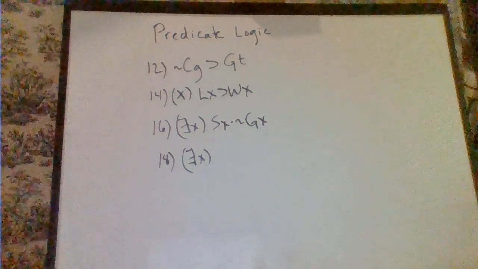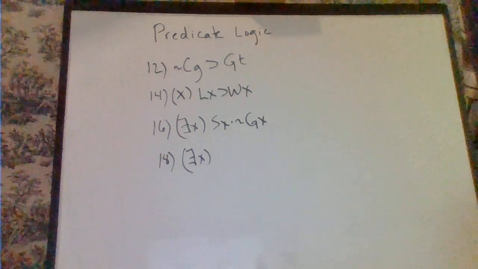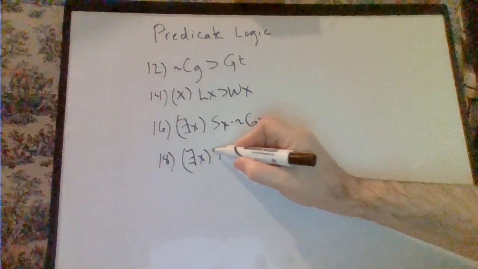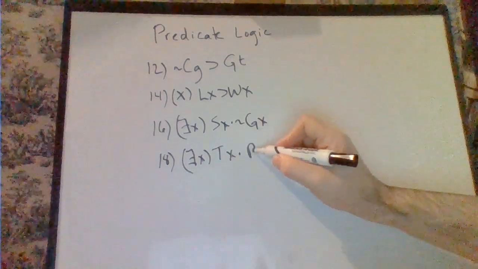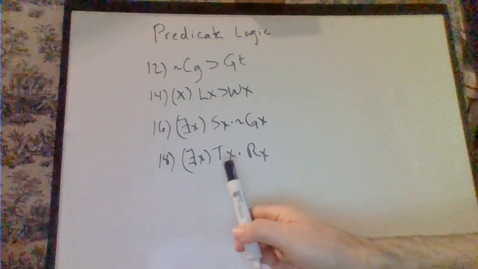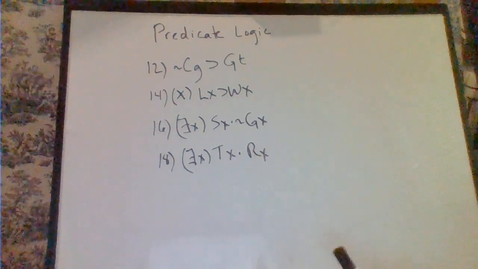And then we want to say that there is some trouble that is in River City. So Tx and Rx. So for this particular x, this x is trouble, and this x is in River City.